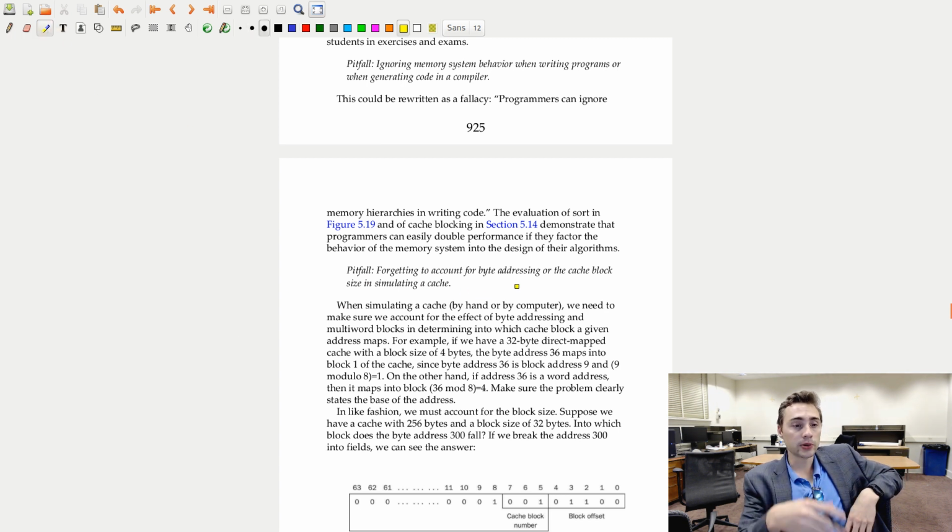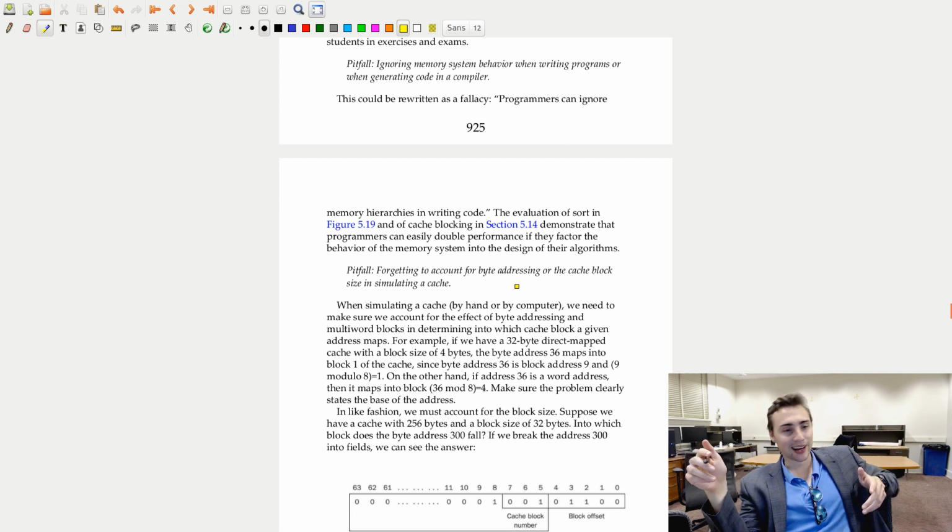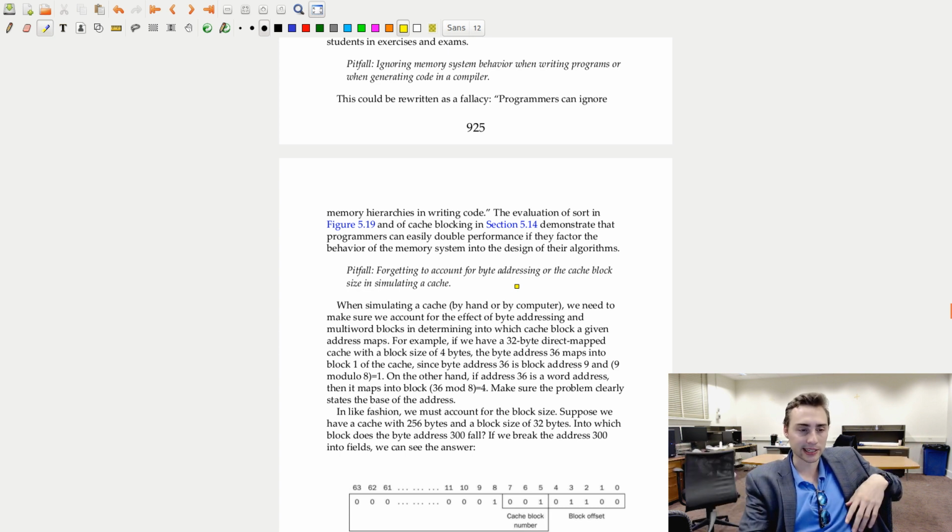Forgetting to account for byte addressing or the cache block size in simulating a cache. This just goes back to, we need to make sure that however we're supposed to be accessing a cache in reality is what we're simulating.